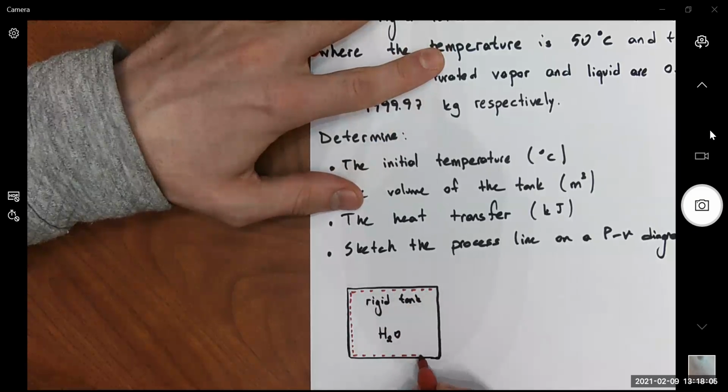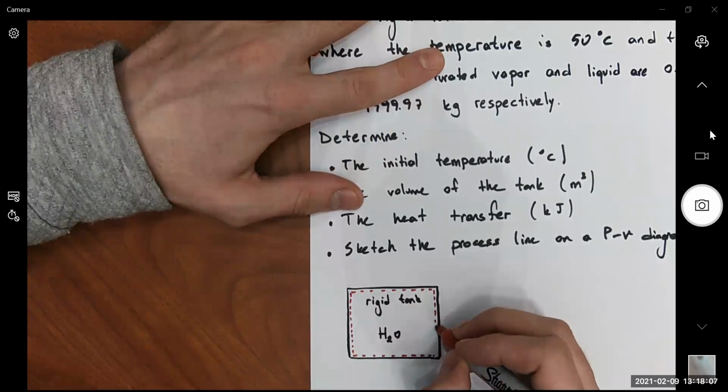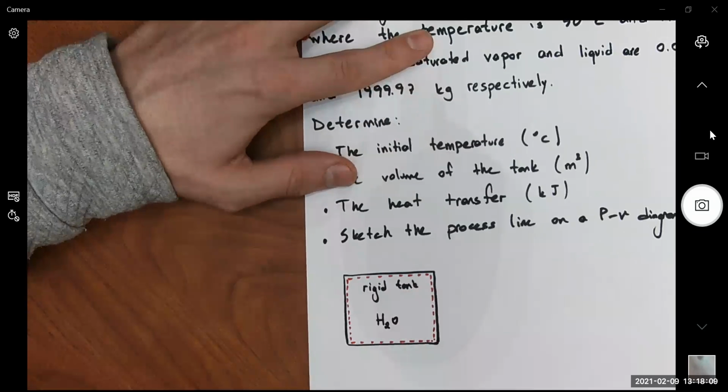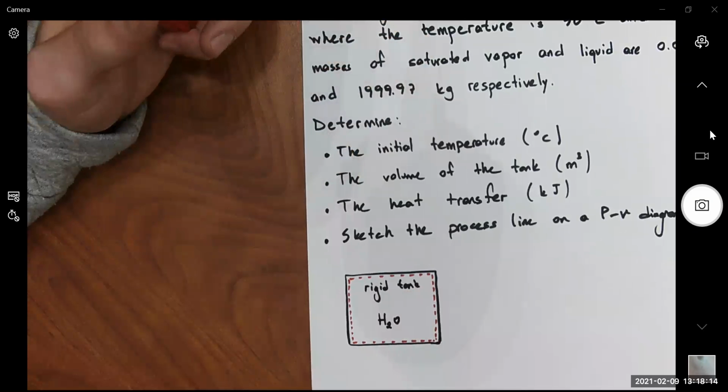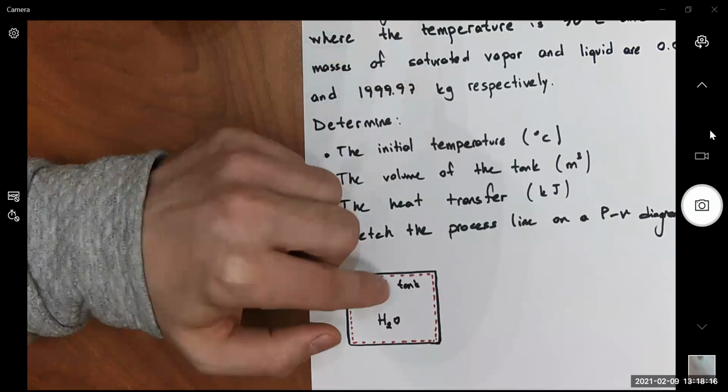Boundaries of my system where I'm interested, where my mass is trapped. I need to show the boundaries.